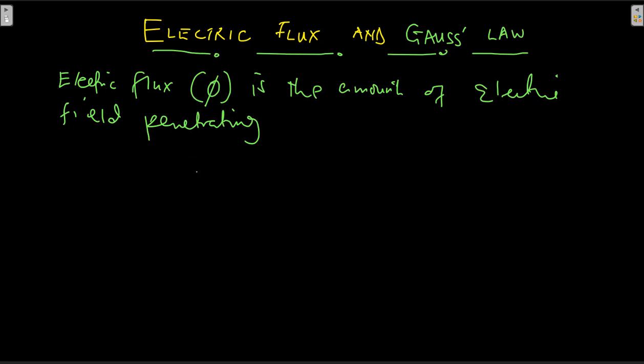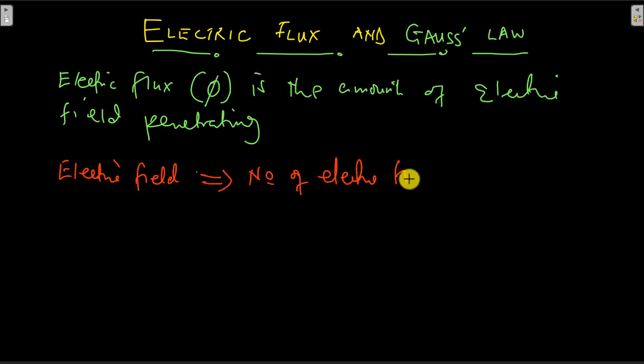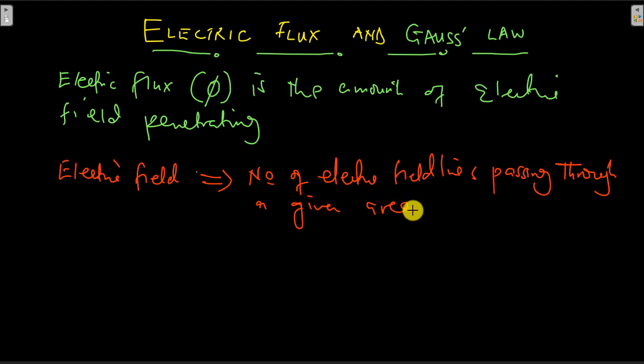Let us consider this in a more mathematical form. Before we do that, we know that the electric field intensity or the electric field strength is directly proportional to the number of electric field lines passing through a given area and perpendicular to that area.